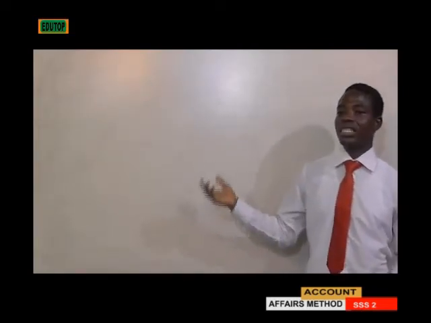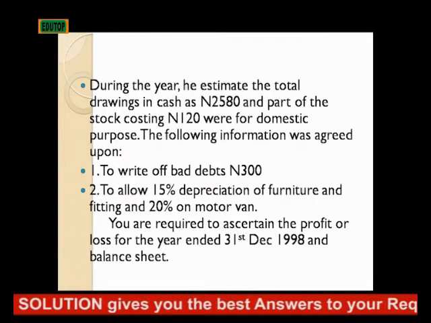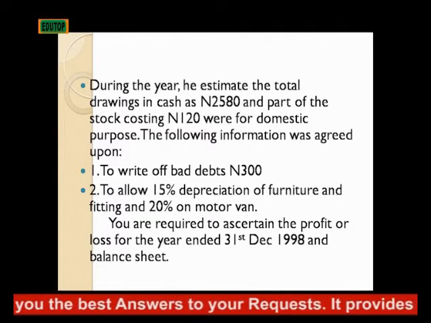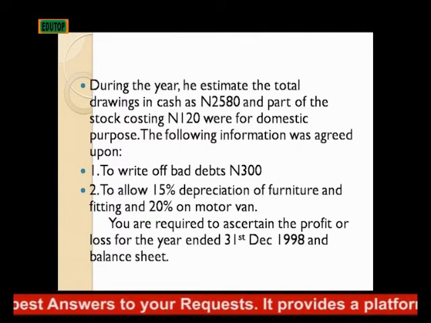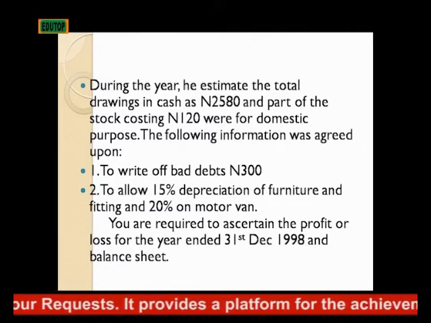Then we have additional information that during the year he estimated the total drawing in cash as 2580 and part of the stock costing 1,220 were for domestic purpose.